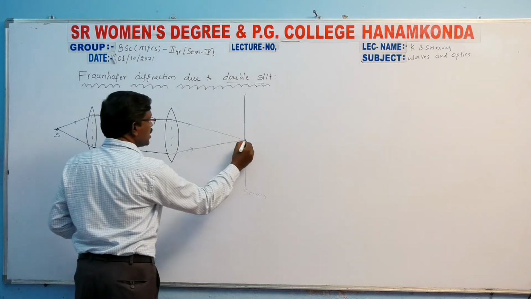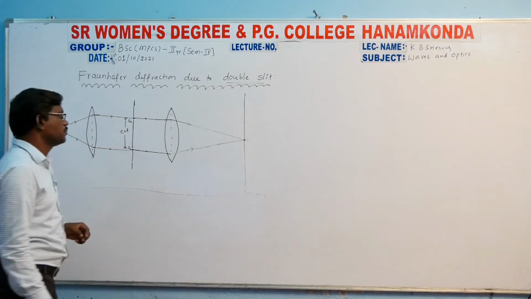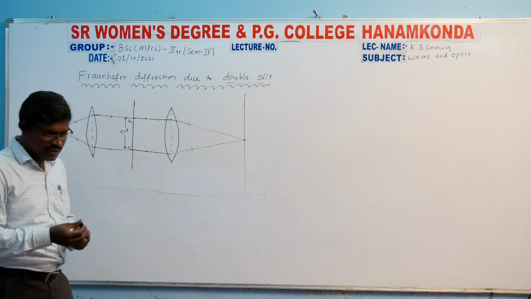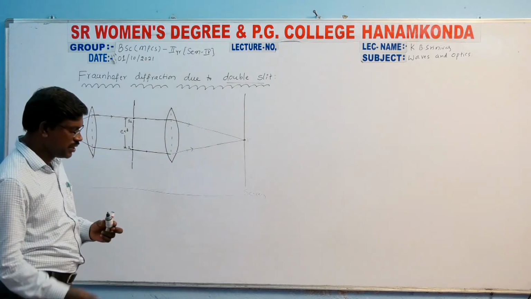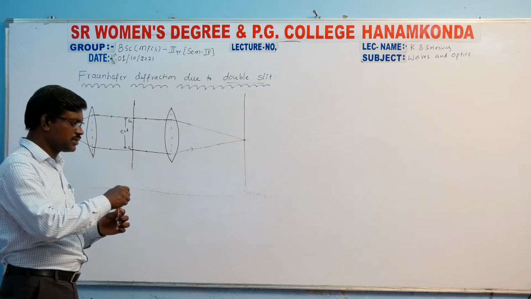Okay. Let the name of the middle point be P naught. The rays which are deviating through an angle theta will be focused at P1 by the convex lens.